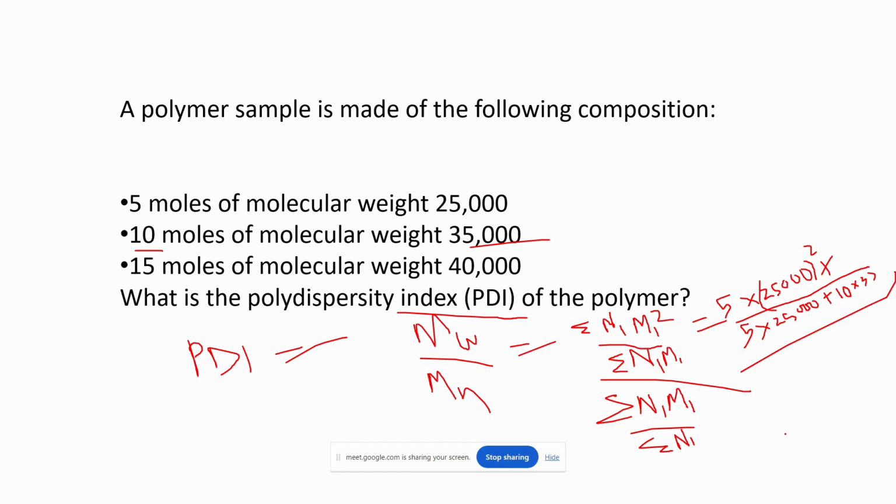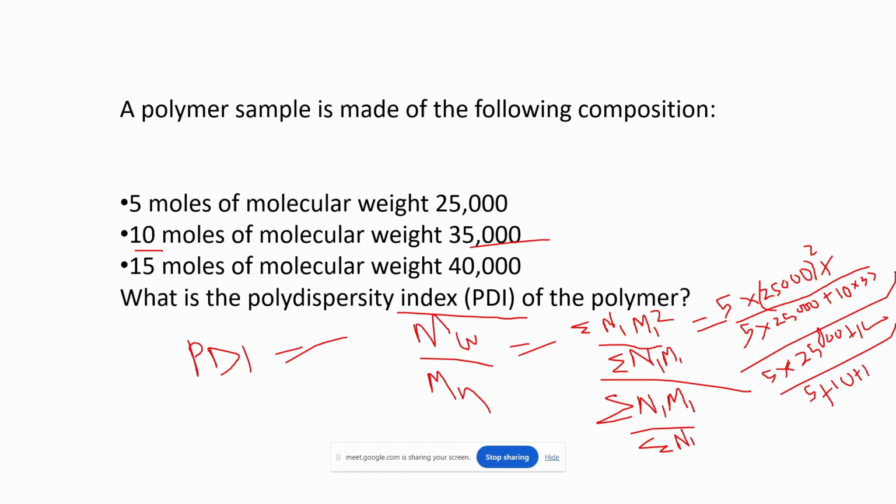Now for MN, on the top it would be 5 into 25,000, basically the same thing as the bottom one above, plus 10 into 35,000 and 15 into 40,000, divided by 5 plus 10 plus 15.